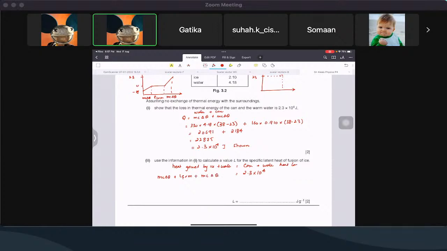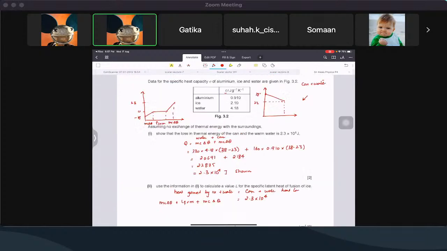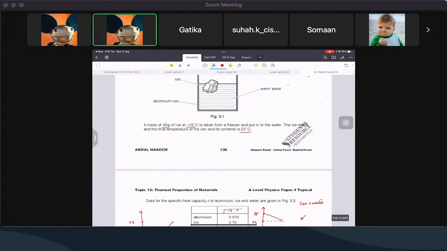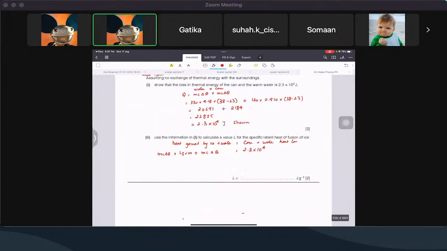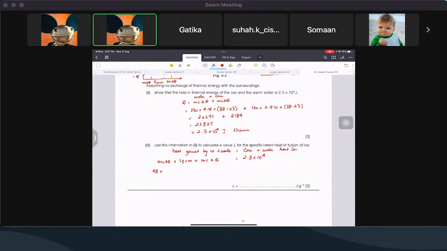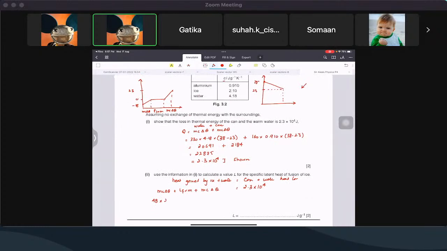The mass of ice was 48 grams. 48 times heat capacity of ice, 2.10, and the temperature change was 0 minus 18. So first it will reach its melting point, plus latent heat of fusion, which we need to find, times 48.